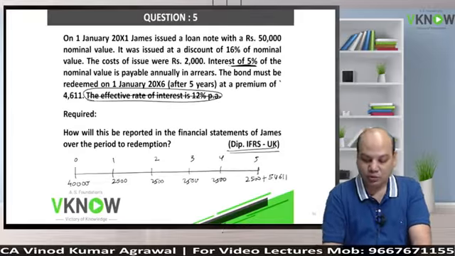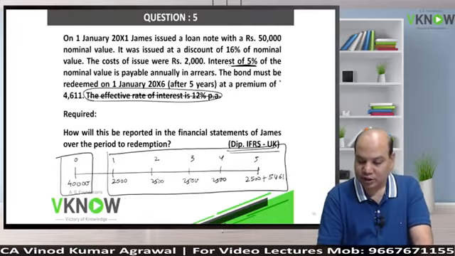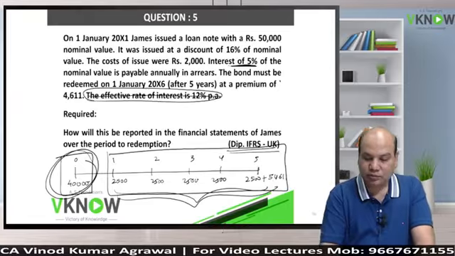These are the cash flows. You have to find the discount rate at which the present value of these cash flows is equal to 40,000.